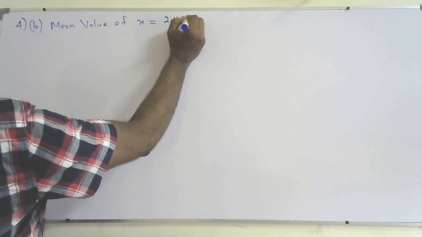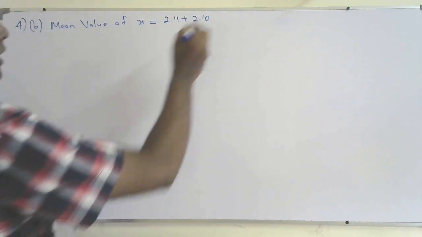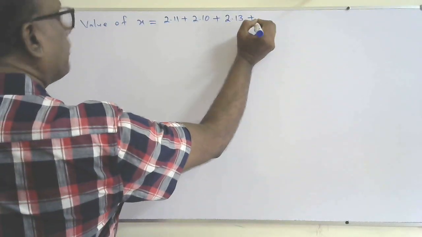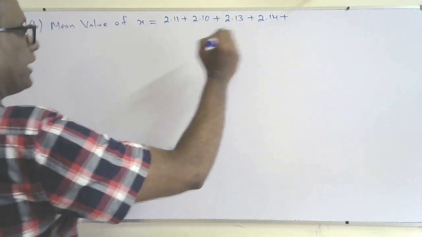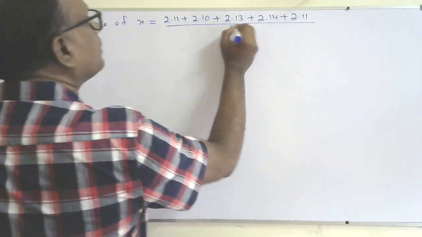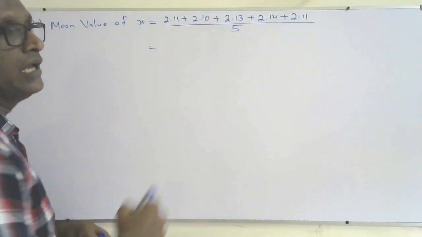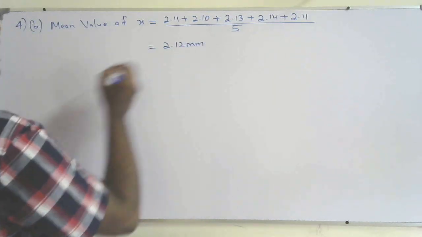2.11 plus 2.10 plus 2.13 plus 2.14 plus 2.11, divided by 5. So you will get 2.12. You should give it with the same decimal places. So 2.12 millimeter.